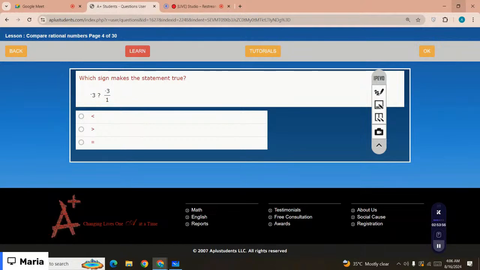Negative 3 over 1 is the same as negative 3, right? So they both are exactly equal. The correct option is equal.